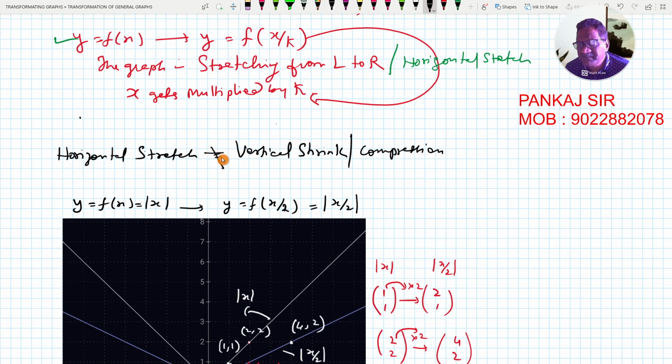You should not think that horizontal stretch is the same as vertical shrink or compression. No, this is a very big blunder. These two are different things, and they do not have the same effect. So you cannot say that horizontal stretch is the same effect as vertical shrink. No, it is not, right?